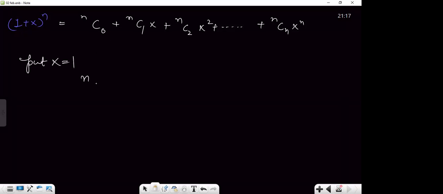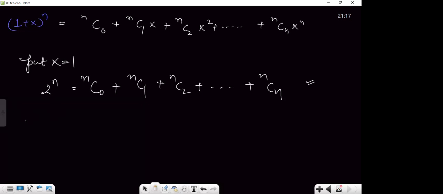This will become nC0 plus nC1 and so on, because 1 raised to power anything is 1 only. On the left hand side, it will be 1 plus 1 raised to power n, that is 2 raised to power n. That's very important.